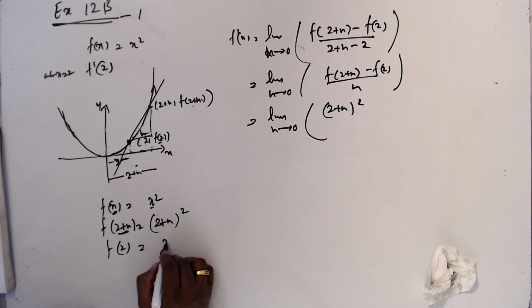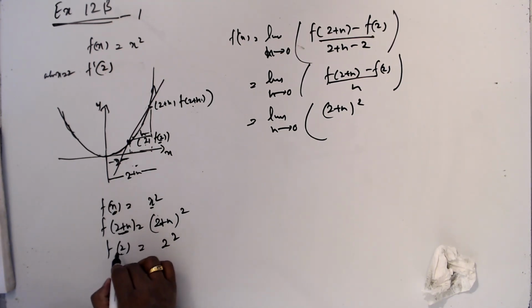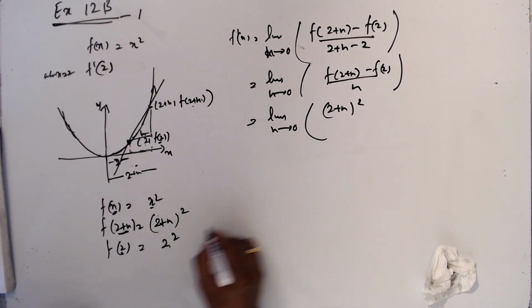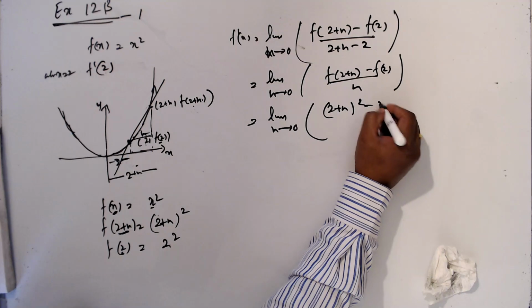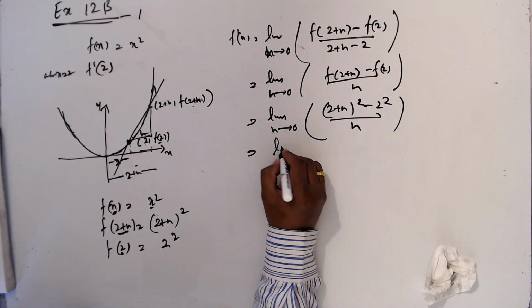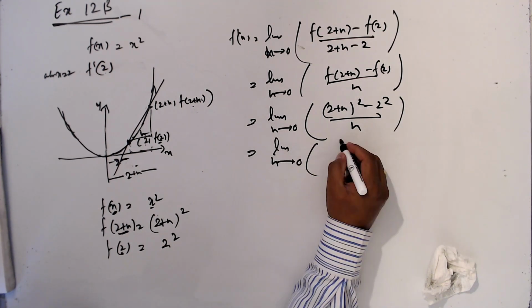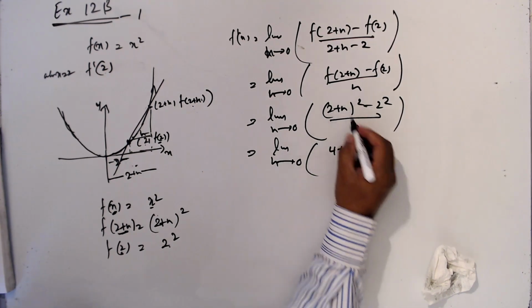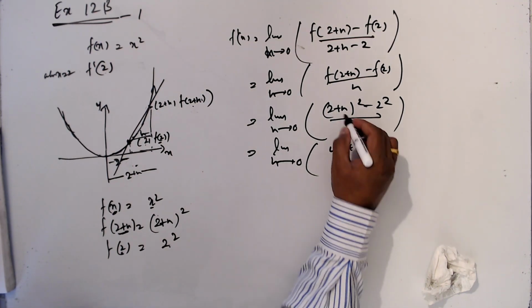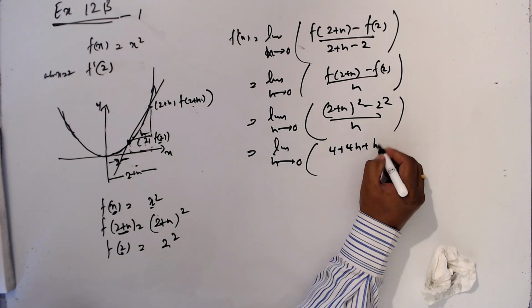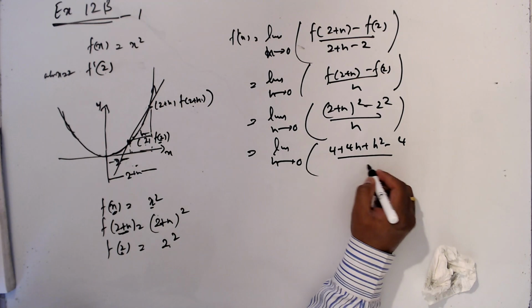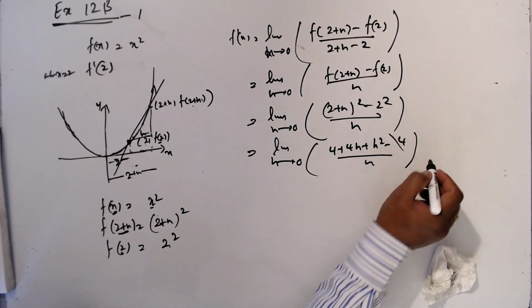f(2) is 2 squared. Instead of x, you put 2. So then 2 squared, minus 2 squared, and divide by h. This is 4 plus 4h plus h squared minus 4, over h. So this cancels out.